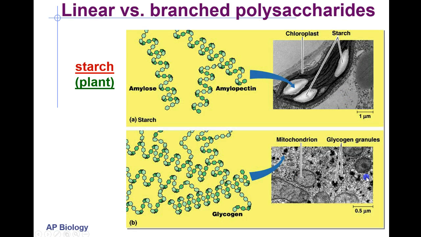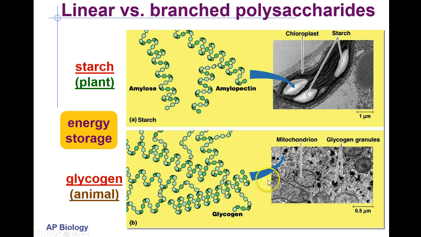Here's a couple slides to show us some pictures of the difference between what starch looks like and what glycogen looks like. Having in common, these little hexagons here are chains of glucose, but a little bit different shape to each one. And that's due to the bonding.